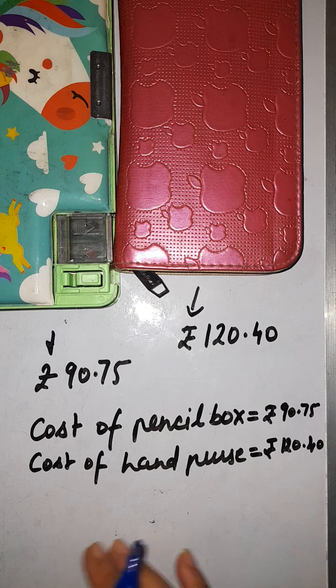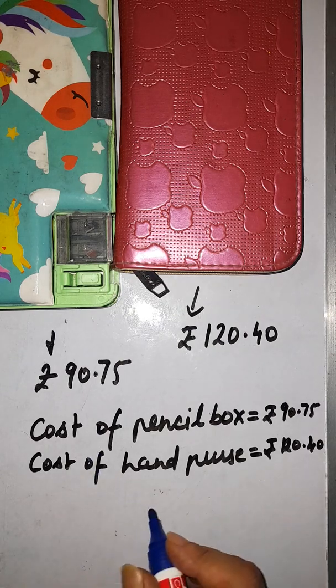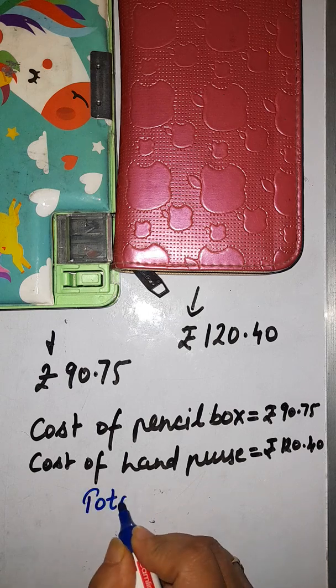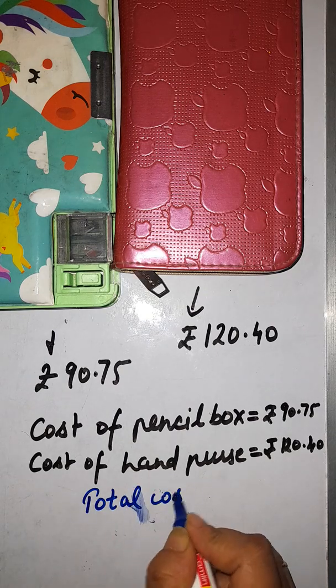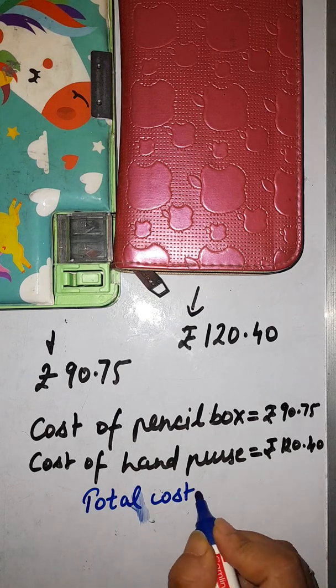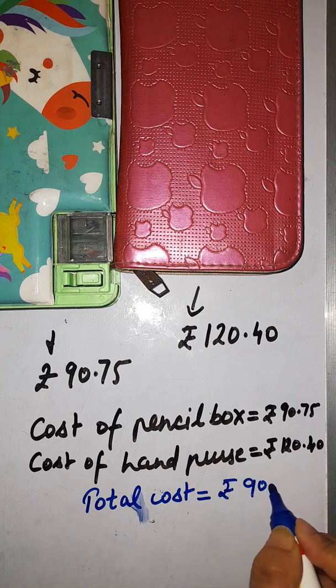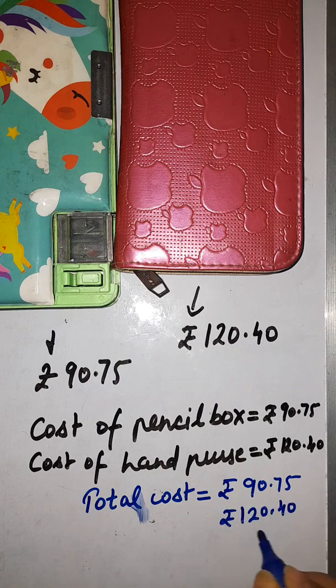Okay, so we'll put together both the numbers, both amounts. So first I'll write here total cost, right? So total cost rupees 90 and 75, rupees 120 and 40 paise.